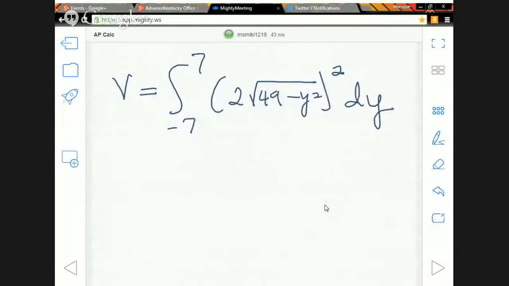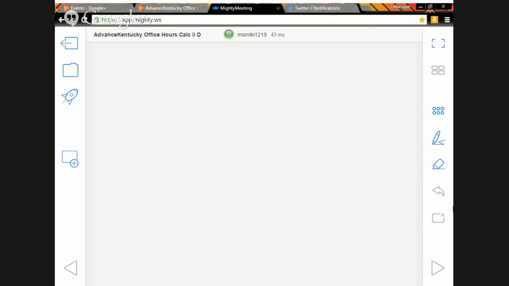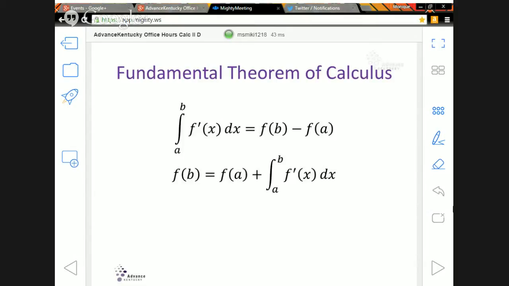Here's the question. How do you find the position of a particle at a particular time? Well, where you want to start is with the fundamental theorem of calculus. So I'm going to start there. I'm going to ignore the fact that we're talking about a position question for just a few seconds.